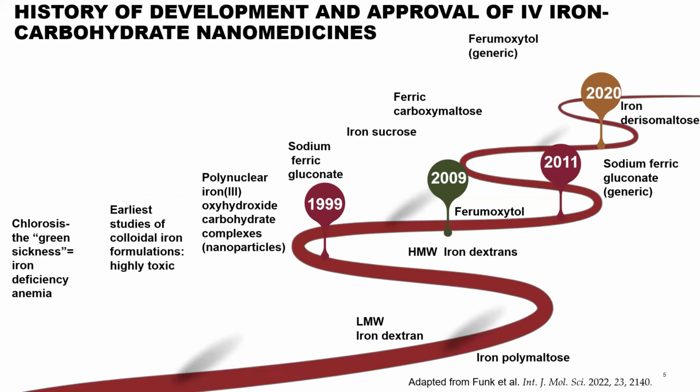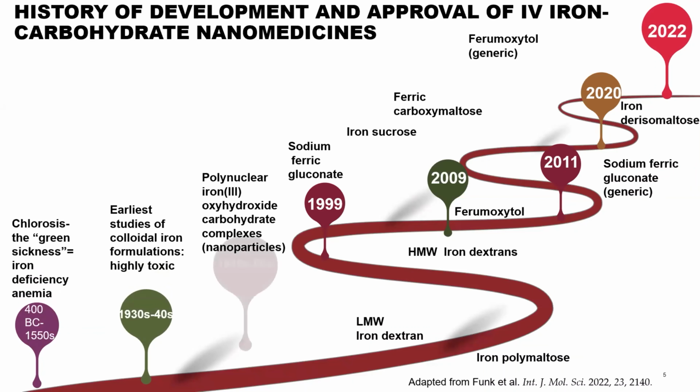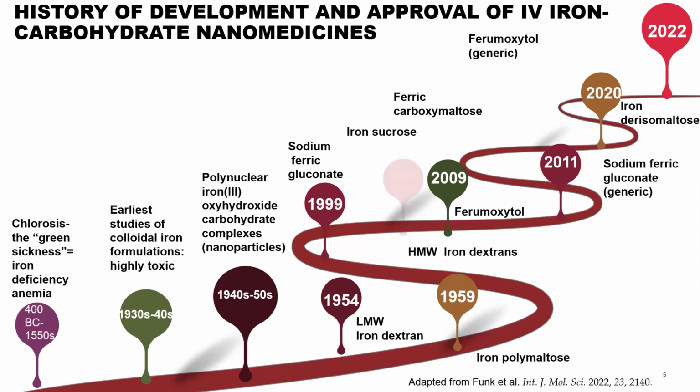After this time point, many different agents were actually developed, and efforts to complex polynuclear iron oxyhydroxide with carbohydrate ligands began in the 1940s. This ultimately led to the development of numerous intravenous iron carbohydrate complexes, of which there are currently 6 approved reference listed drugs on the US market and 2 generic products, basically allowing injectable iron to be administered to patients.